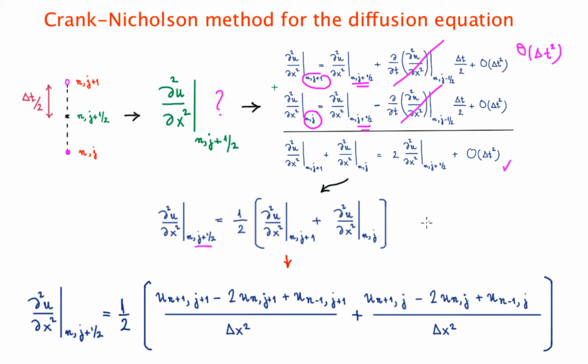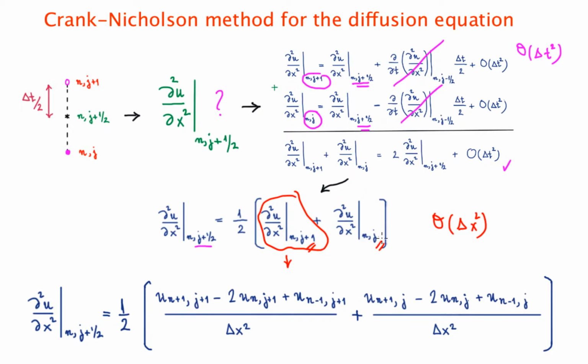So this is just considering the time evolution, and besides that, what we need is a finite difference representation for this one. Here we have the second order partial derivative of u with respect to x evaluated at time j plus 1, and the same evaluated at time j, and we want it accurate to the square of delta x. But we already did that.